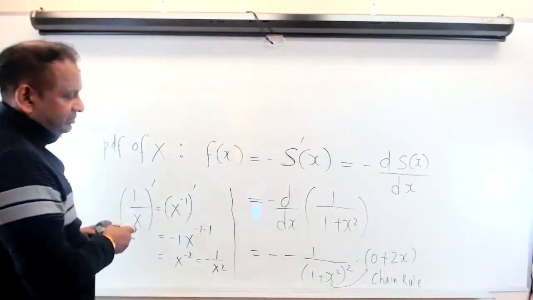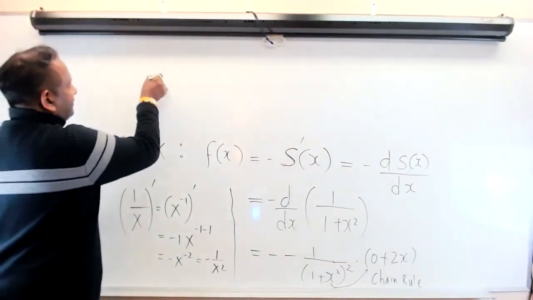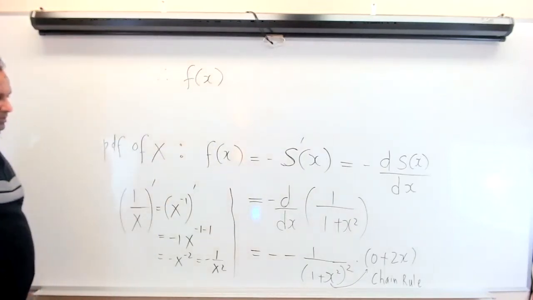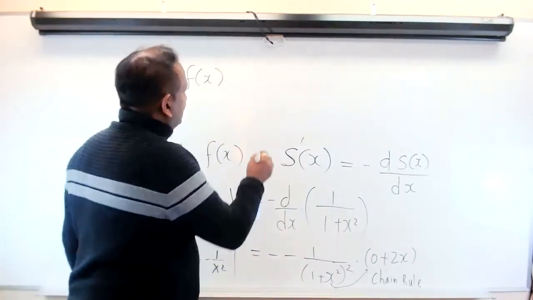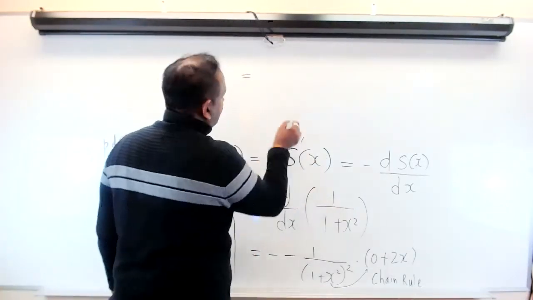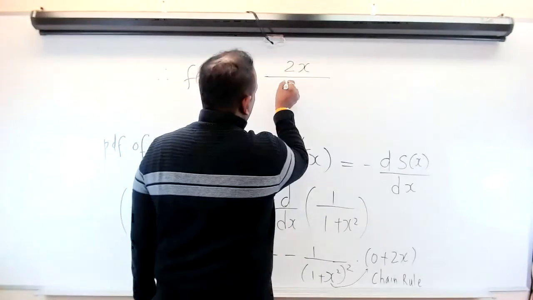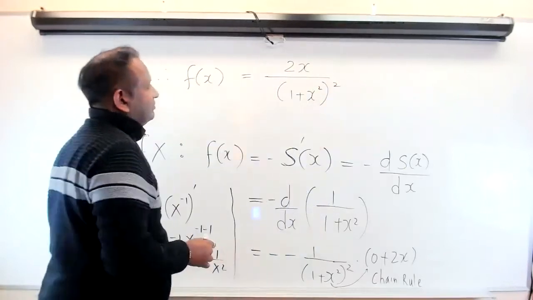So therefore, f of x is nothing but, negative times negative, positive, which becomes 2x over (1 plus x squared) squared.